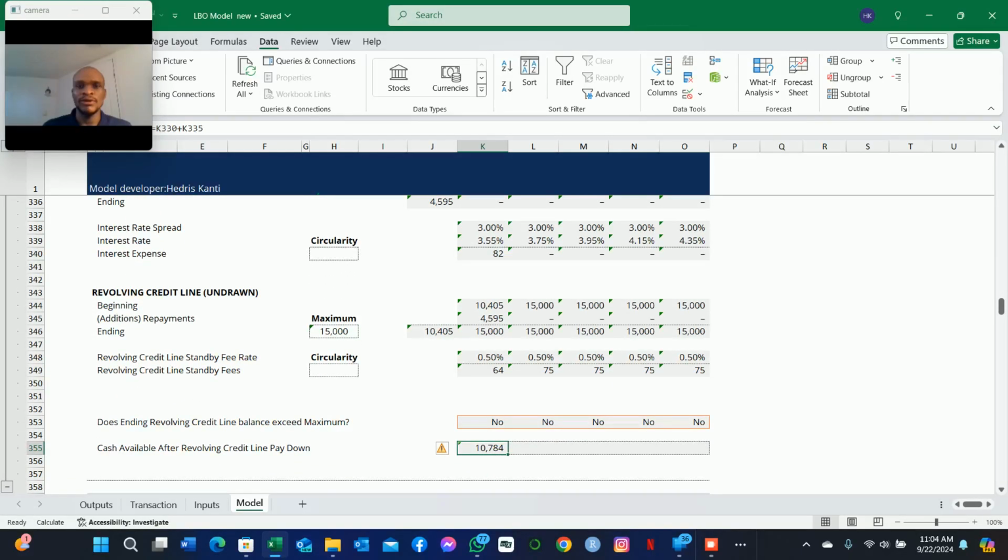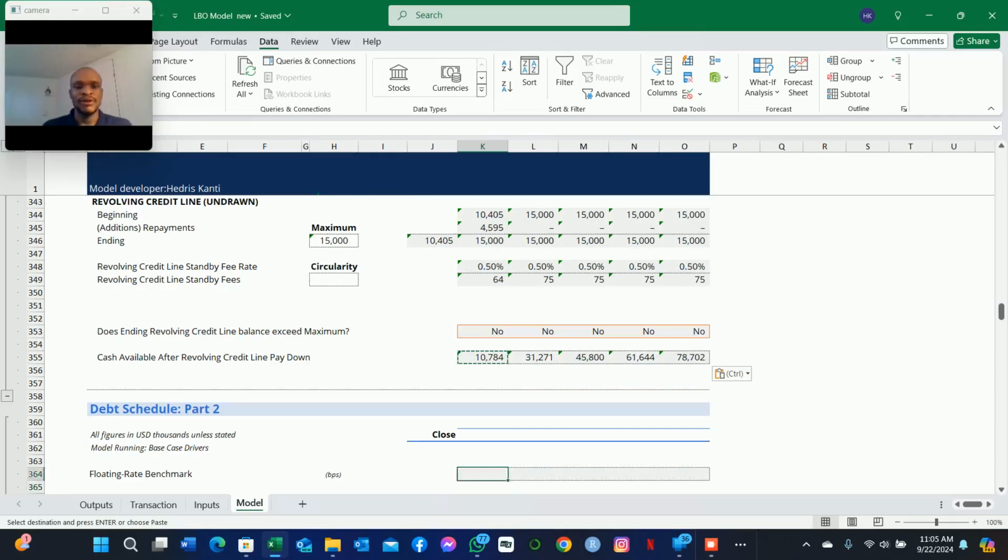So going forward, this is the cash that will be available to pay the term loan A, term loan B, and the other subordinated debt tranches. So roughly $10 million in 2023, and we have it set up for roughly $78 million in the last year. So that is exactly what we are doing here.